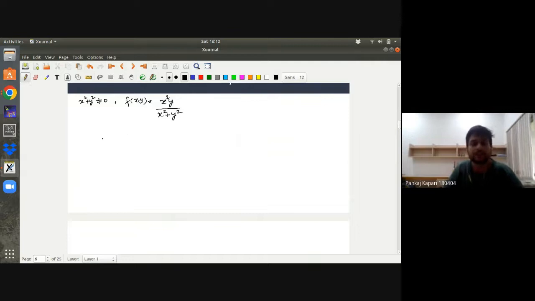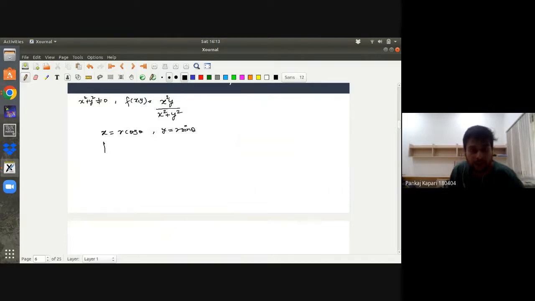Okay, let's first see if the function is continuous or not. So what we do, we just convert it to polar coordinates, right? Because we know that in polar coordinates, x square plus y square is r square. Let x is r cos theta and y is r sin theta.